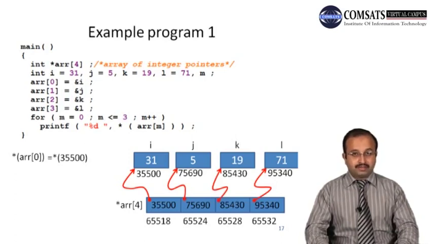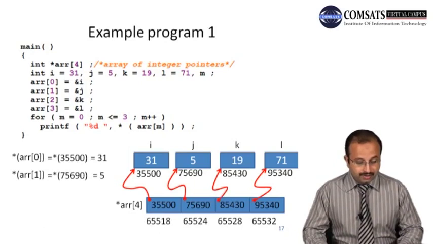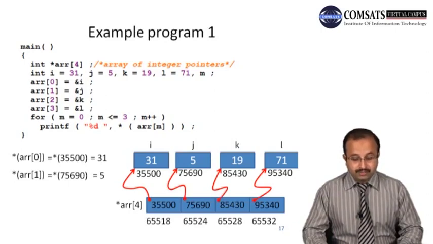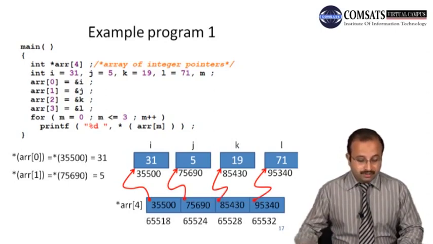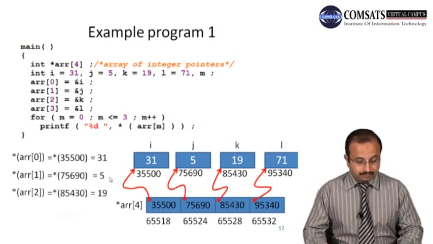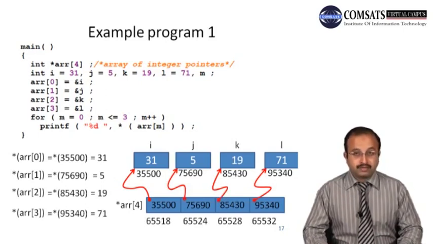When you put the star with this, you can read out the value at address 35500, and that value is 31. Similarly, the value contained by ARR[1], the element at index 1 of the ARR array, is 75690, and when you put the star with this you can read out the value at address 75690, that is value 5. And similarly you can print all these values.